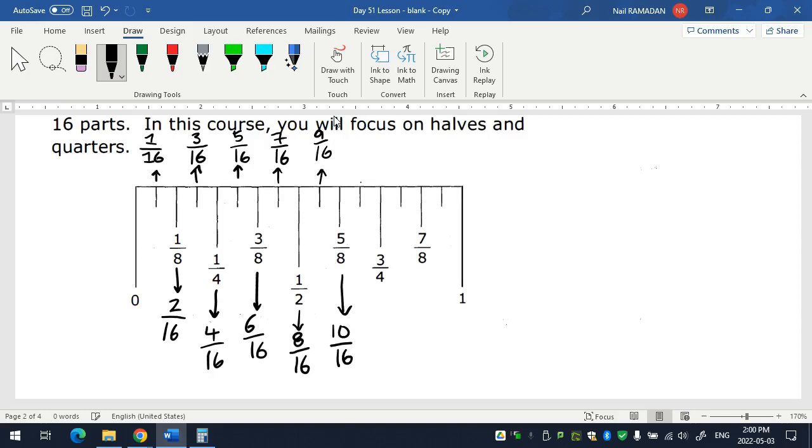Next one. We're doing well. 11/16. Yes. Keep going. 12/16. Okay. By the way, do you see how only odd numbers are at the top? 1, 3, 5, 7, 9, 11. Almost done. 13.